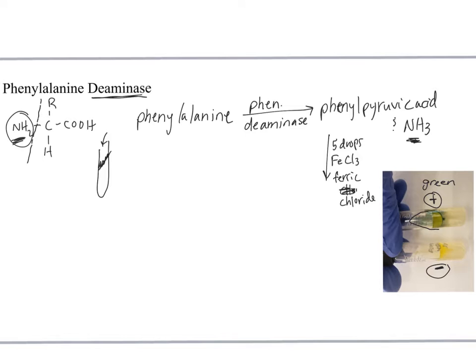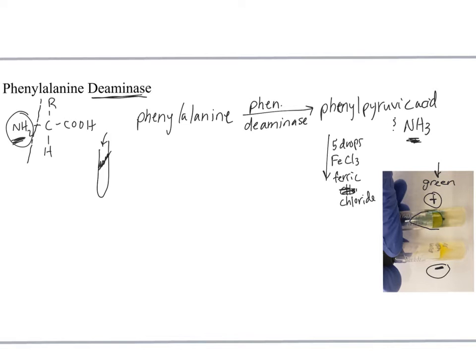Phenylpyruvic acid is actually a keto acid, and that reacts with the iron there to give a green color change. So pretty easy. In years past, we've had to look pretty closely at that and turn the tube sideways to see it a little bit better, but you should have an unmistakable greenish tinge to it for a positive result if your organism is able to produce that enzyme.